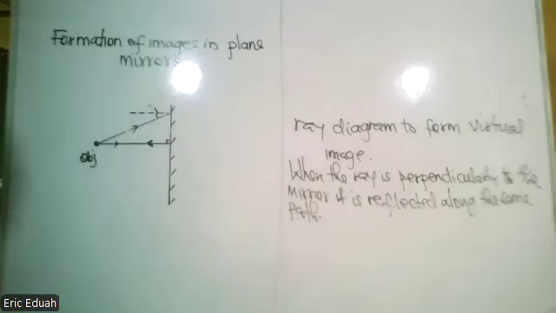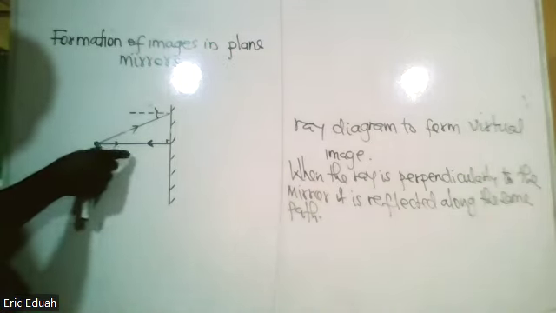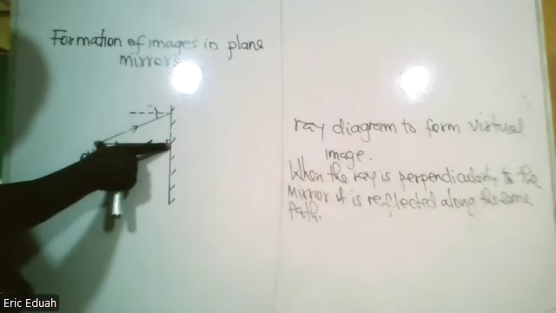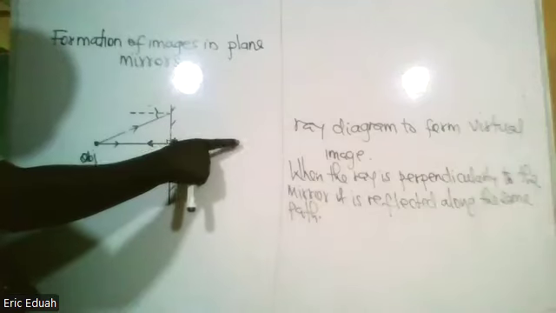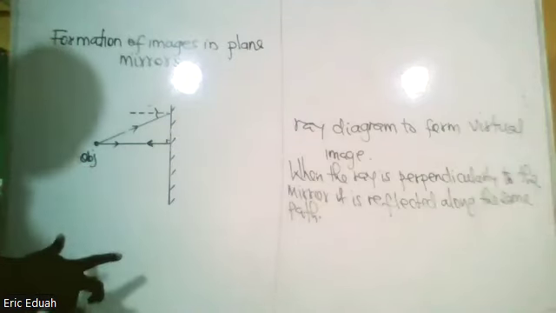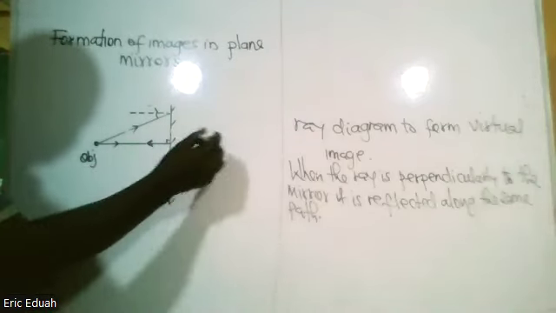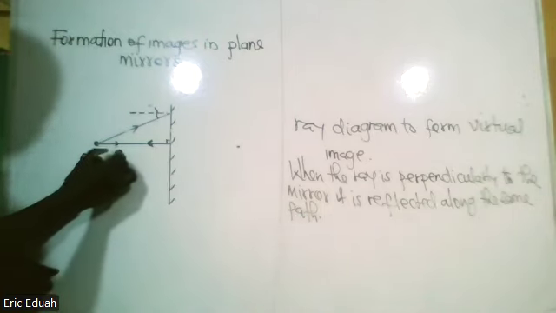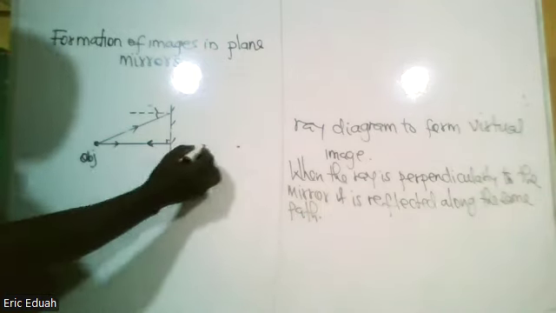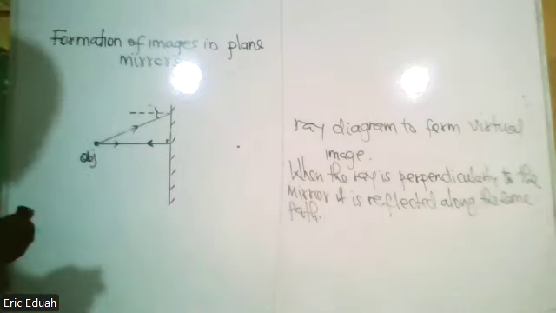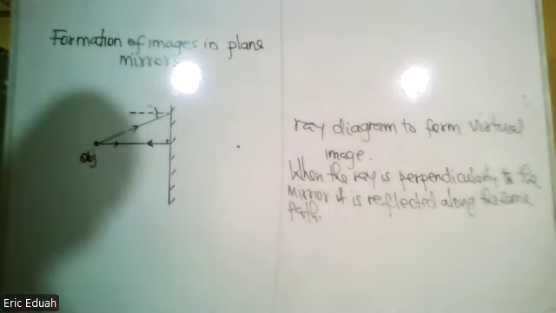So you must follow this rule, meaning that we must measure this distance from the object to the mirror and then get the same thing. So if this is X centimeter, we need to have X centimeter also measured at the same point.